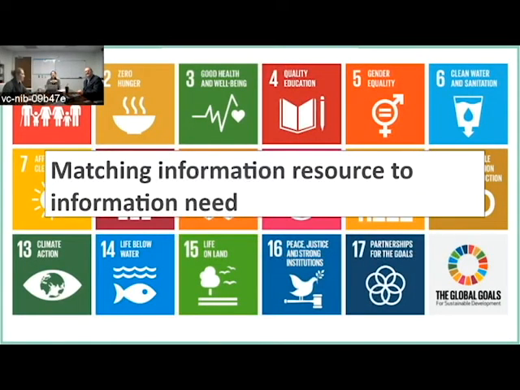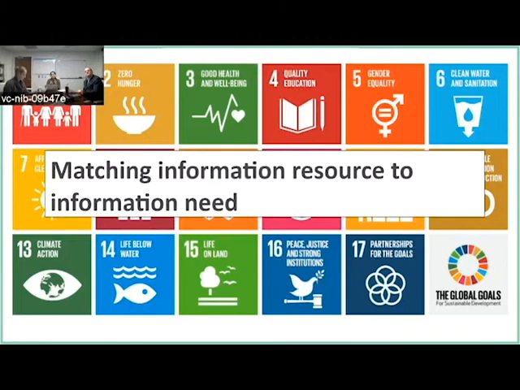So one thing that we went over in our last webinar was the idea of matching information resource to information need, a real basis of evidence-based information seeking and use of research sources. What you see in the background here is not going to be a surprise to you. These are the icons for the Sustainable Development Goals.